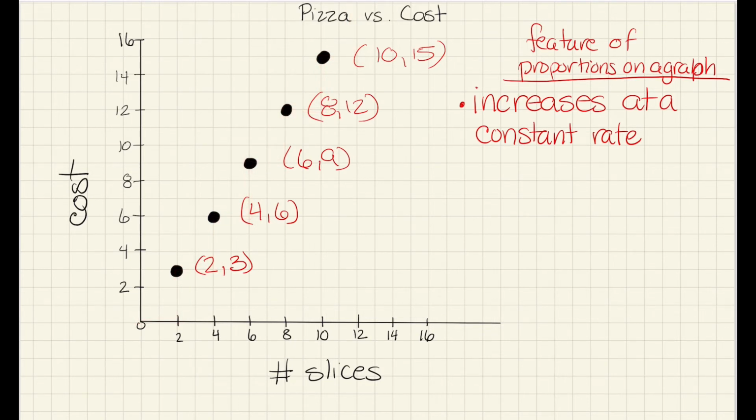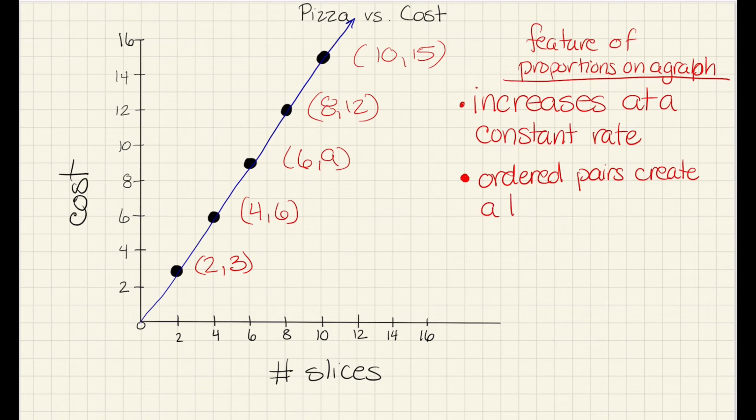And because of that, these points can actually create a straight line. I can draw a straight line through the points. That's going to be my second feature. The ordered pairs create a linear pattern.